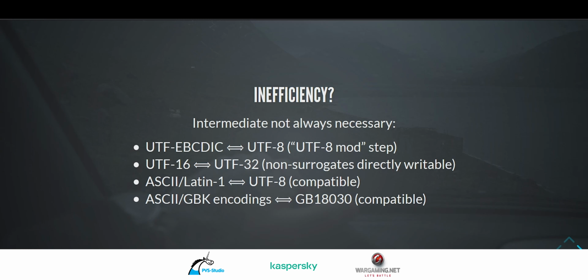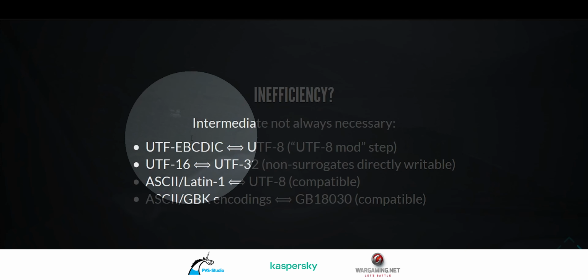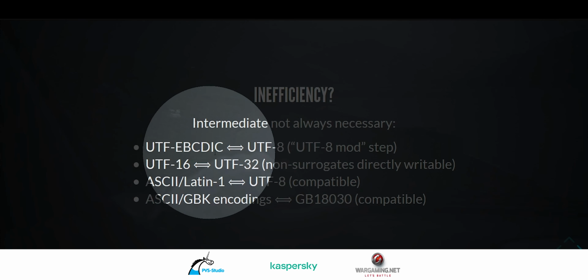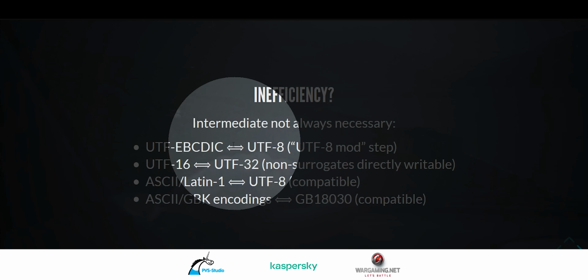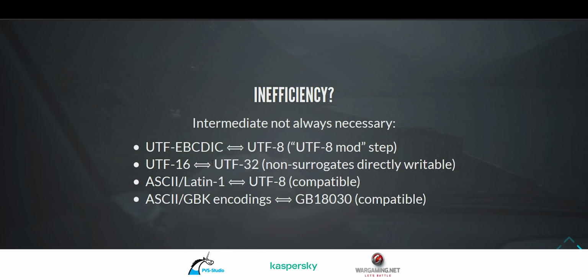Like I already have the UTF-8 mod step that comes directly from how you decode a UTF-EBCDIC, right? Why would I throw the step out just to create a UTF-32 code point just so I can get to UTF-8? That's wasteful, right? Similarly, UTF-16, if you're in the basic multilingual plane, the first plane, right, the first 65,000 or so characters, right, you can write that directly into UTF-32, right? The non-surrogates are directly writable.